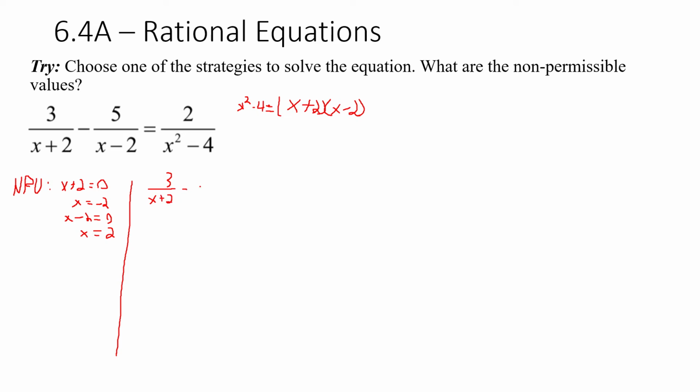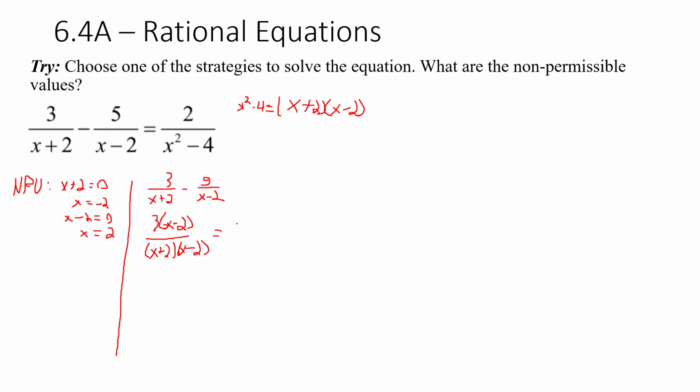So 3 over x plus 2 minus 5 over x minus 2. I want these to have a common denominator, so I'm going to multiply this fraction by x minus 2. So 3 times x minus 2 over x plus 2, x minus 2.